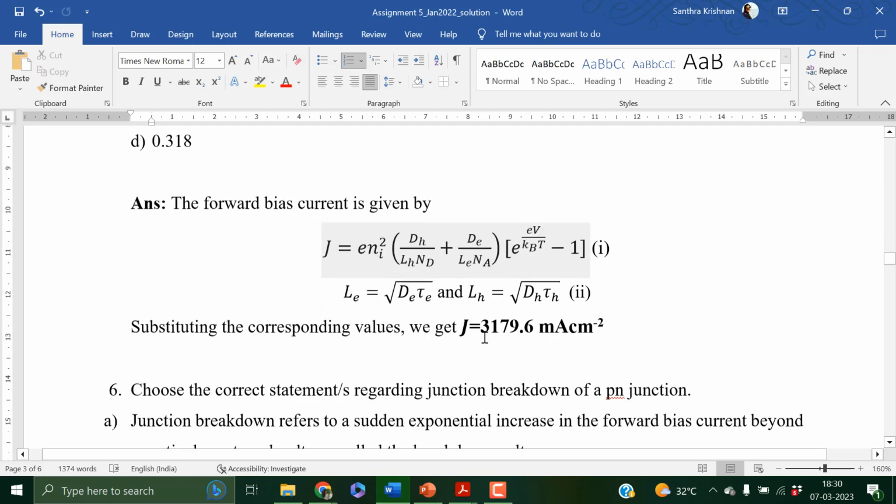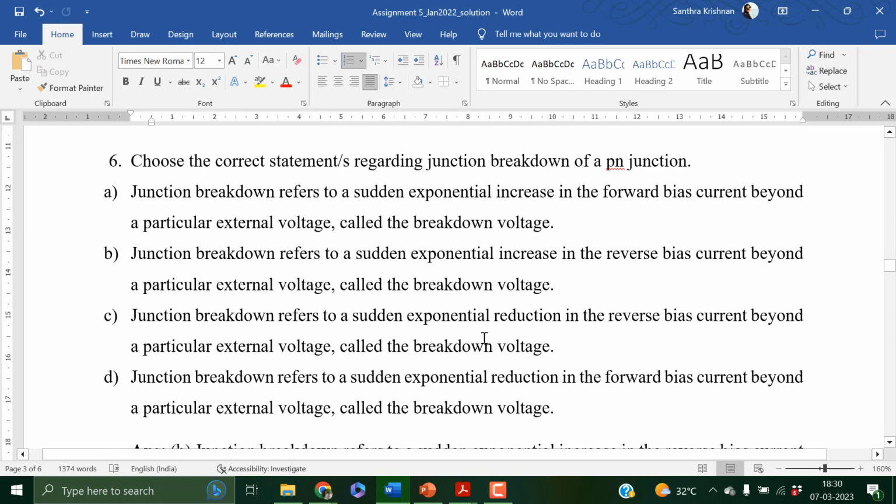Next: choose the correct statements regarding the breakdown of a PN junction. Four options are there. Option A: junction breakdown refers to a sudden exponential increase in forward bias current beyond a particular voltage. Similarly, the other options are forward bias, reverse bias. Out of these you have to choose the correct statement.